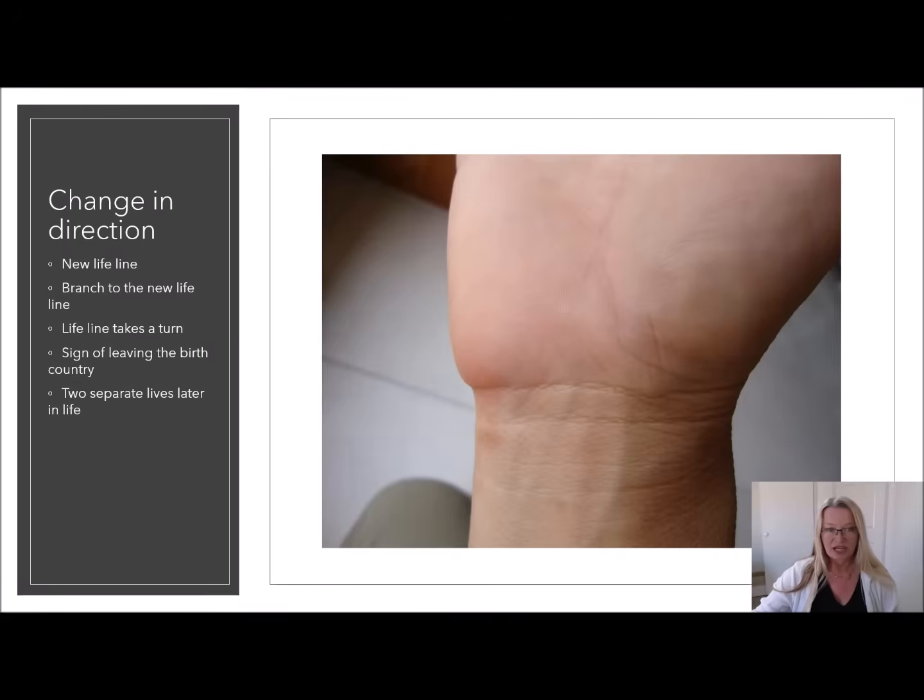Okay, talking about change in direction. So if the lifeline, instead of having a normal comfortable curve staying on the same kind of path, changes direction, forming such a shape as a sudden kink, for instance here it's clashing with the fate line, so it's forming a sudden kind of kink away.